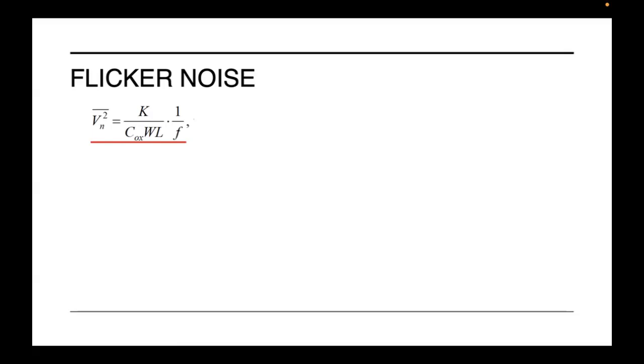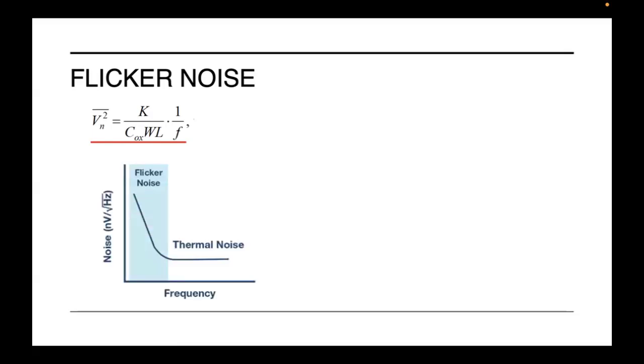Here we can see the very famous behavior for the overall noise of a transistor. As I mentioned, the 1 over f function makes the flicker noise very, very high under DC operation, because when f equals 0, this voltage hypothetically turns to infinity.